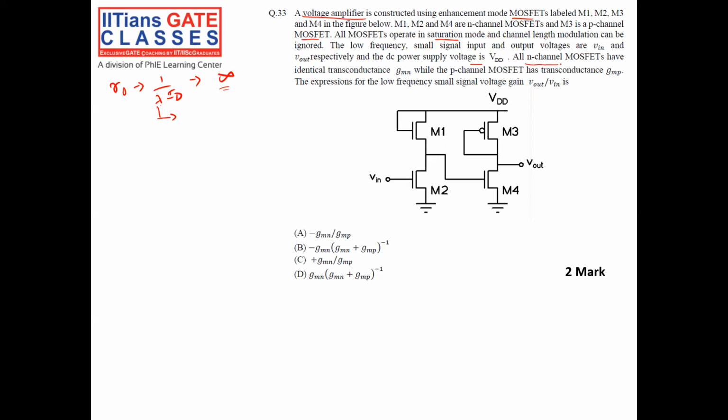All the N-channel MOSFETs have identical transconductance GMN, while the P-channel FET has the transconductance GMP. Find the expression for the low frequency small signal voltage gain. Guys, before solving this, it's a very easy question, should be solved in less than a minute. Before going there, let me tell you about the common source amplifier.